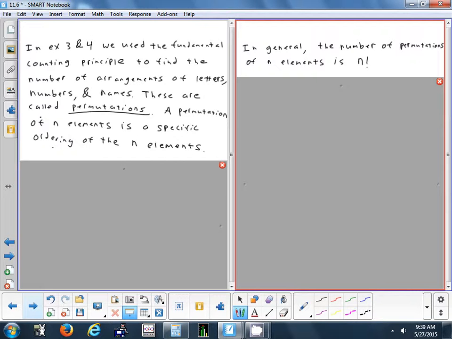And we saw this one in the example of the runners. If you have n elements, and you want to know how many ways you can arrange them, it's n factorial. We didn't see that on the license plate because we had 26 letters, but we didn't have 26 spots for letters. If you did, then it would be 26 factorial, assuming letters are not repeating.